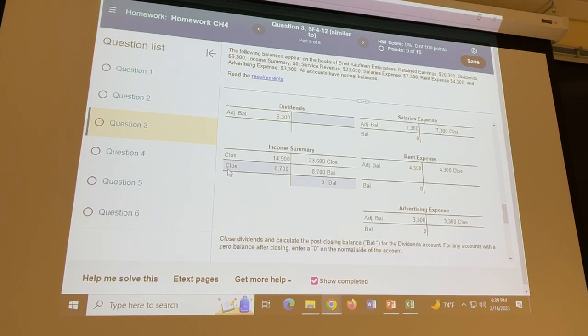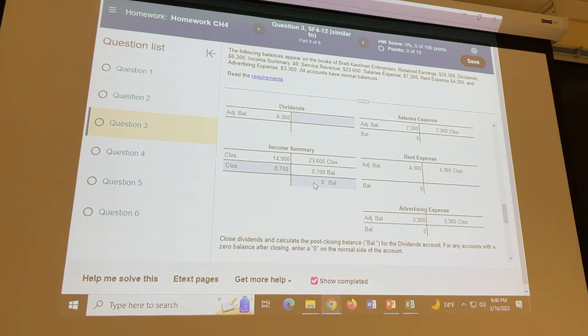That's a closing entry, and that brings it down to zero. So notice that you enter a balance for it twice. The first time you enter a balance so you know what to do to zero it out with your closing entry. The second time you enter a balance, you do it to show that you have in fact zeroed out the account.